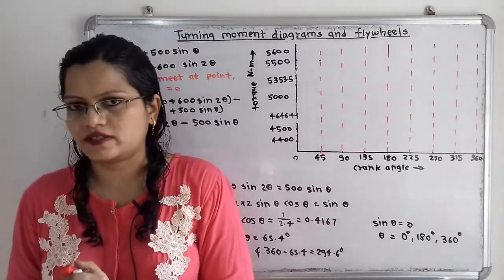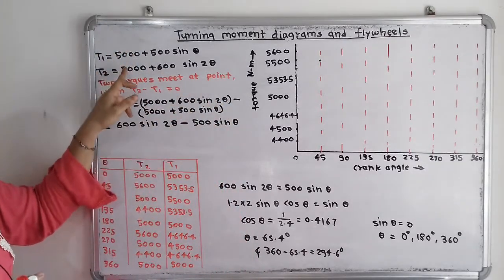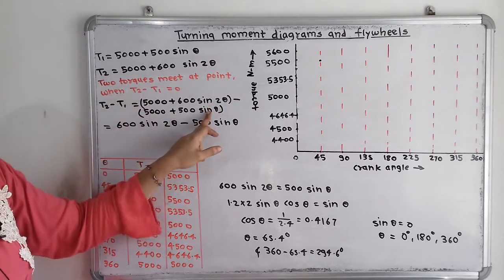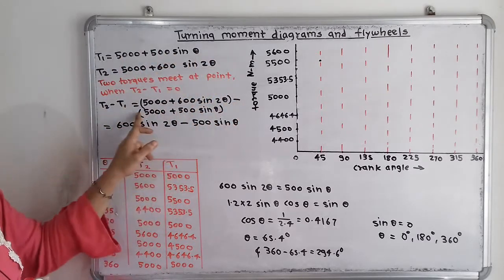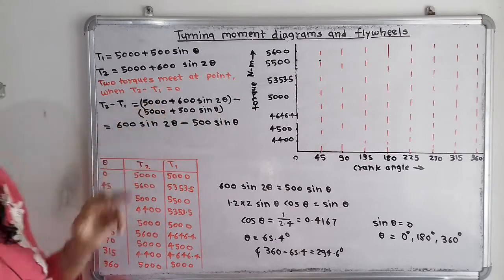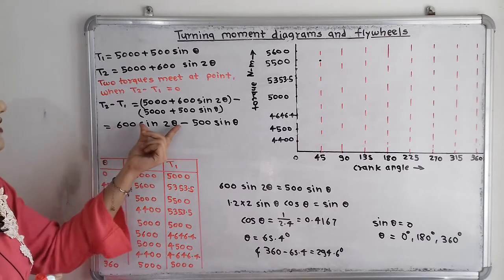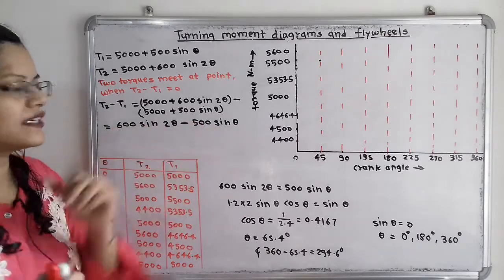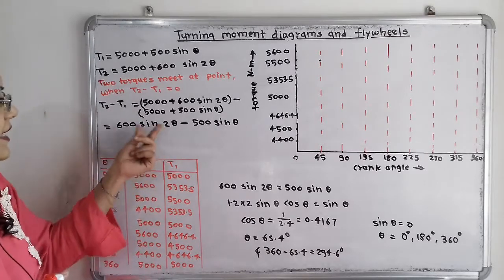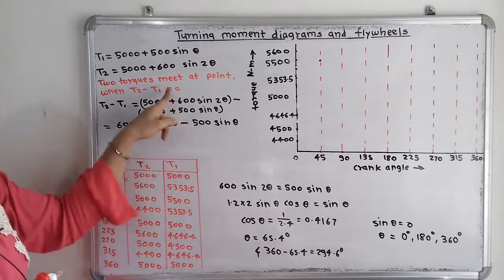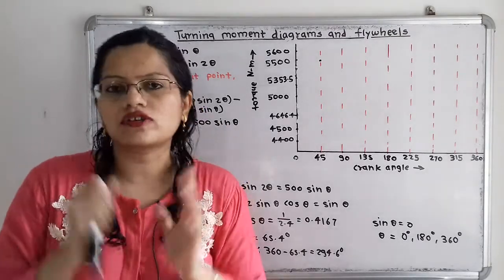So first I will take the equation, that is 5000 plus 600 sin 2 theta minus 5000 plus 500 sin theta. If I take the minus sign inside, then this 5000 is getting cancelled, and the equation is 600 sin 2 theta minus 500 sin theta, which is equal to 0, because we have to find out the point at which the two torques meet.